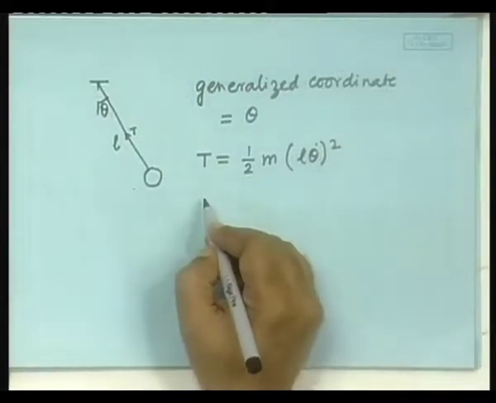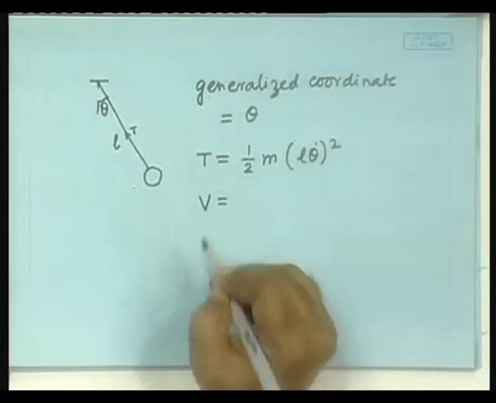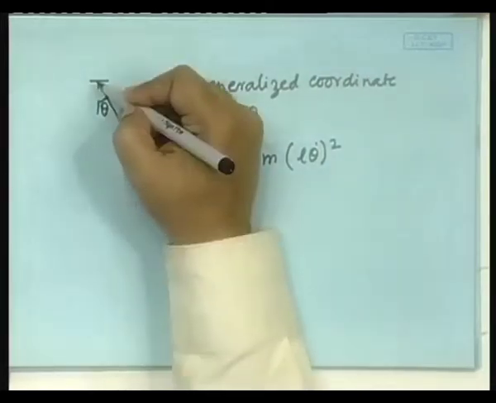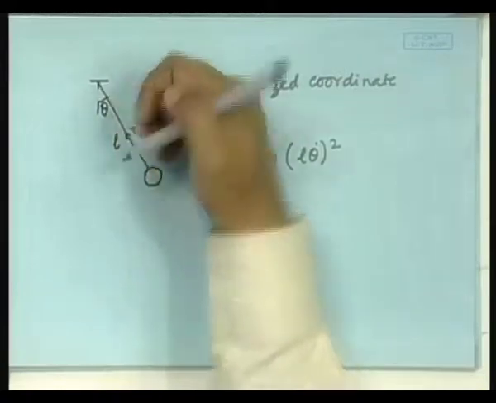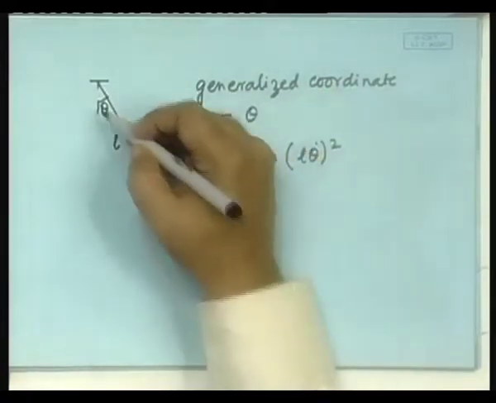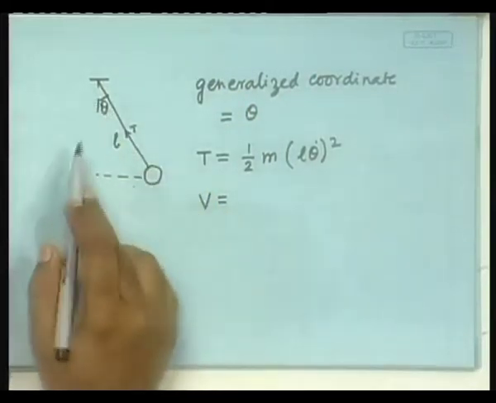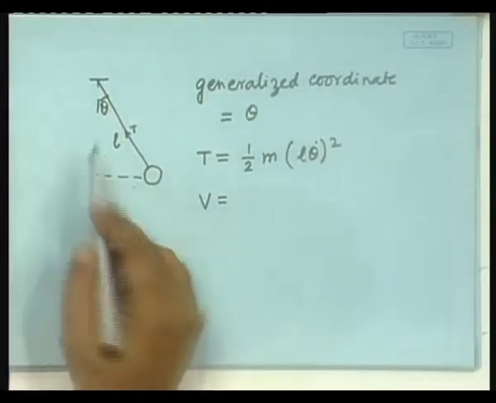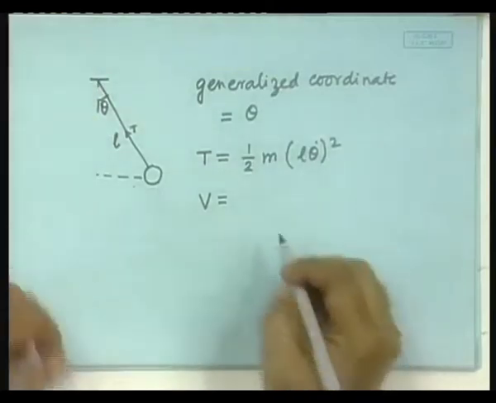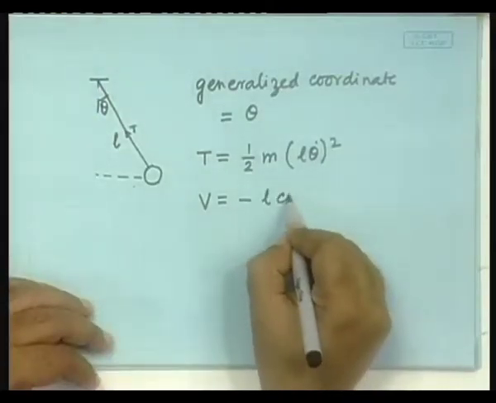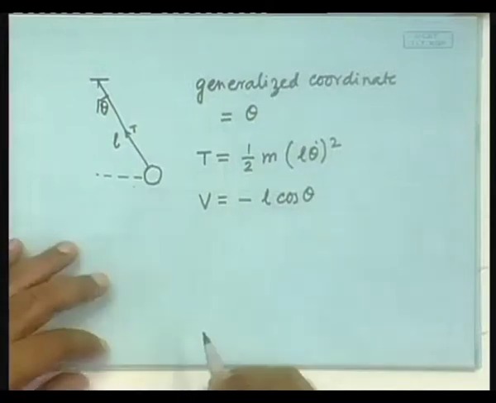and your potential energy is, suppose I measure from here, measure from here how much it is below. Then if this is theta, then this height is L cos theta. So, negative of that, minus m g L cos theta.